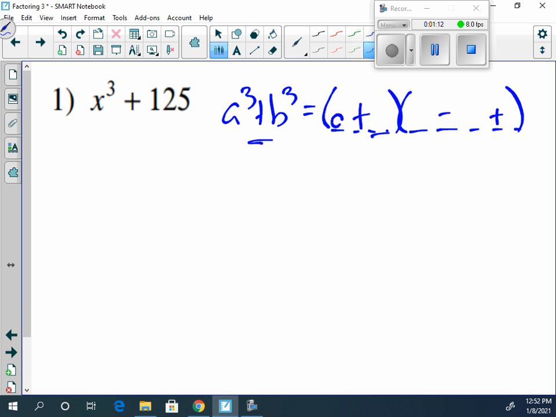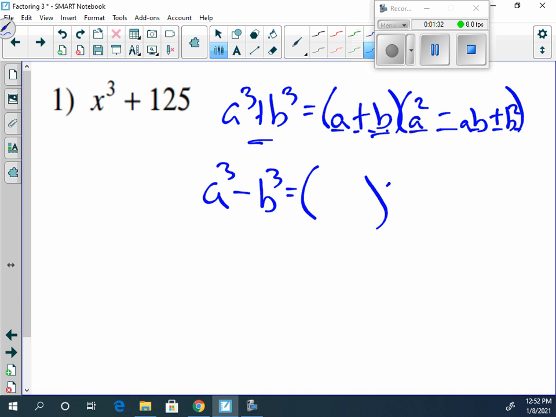Now for a terms, we're going to have a, a squared. Now our b terms are going to go b, and b squared, and it's going to follow this same pattern. Now the same thing is true for our difference of perfect cubes, a cubed minus b cubed.